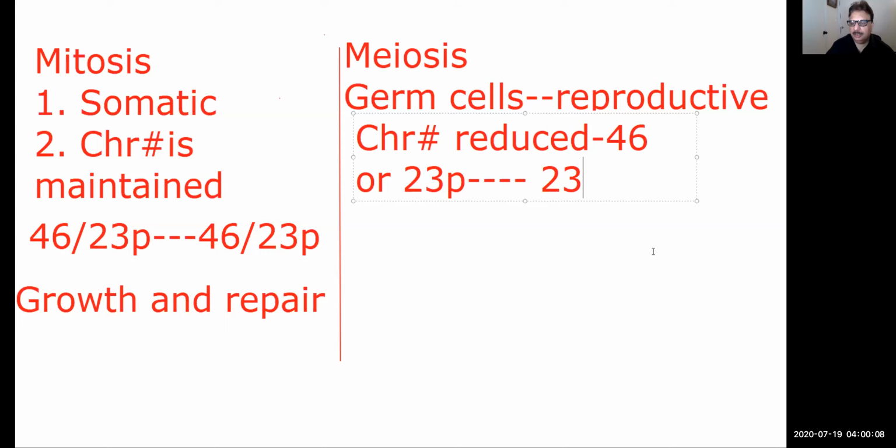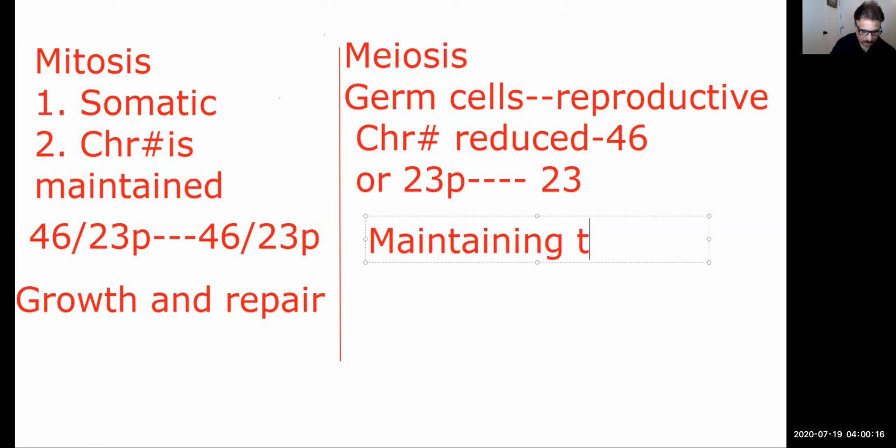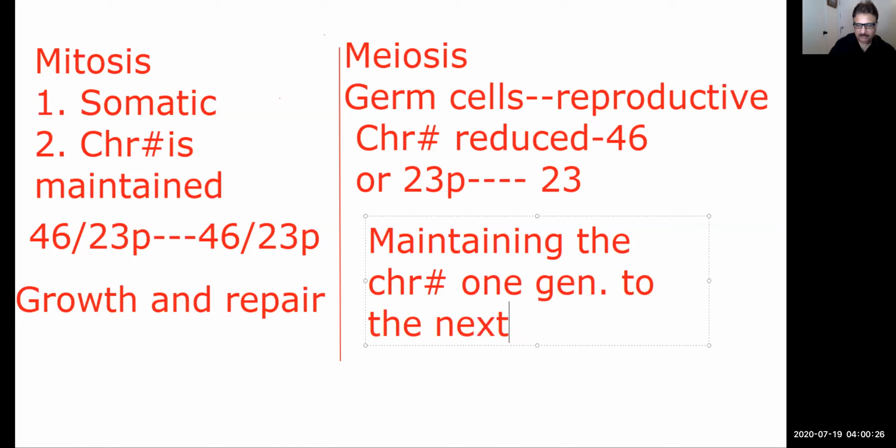So meiosis is mainly needed for maintaining the chromosome number from one generation to the next. Now, meiosis is not as simple as mitosis. Meiosis takes time, and it occurs in two phases.